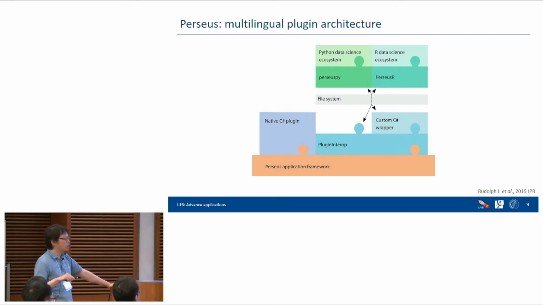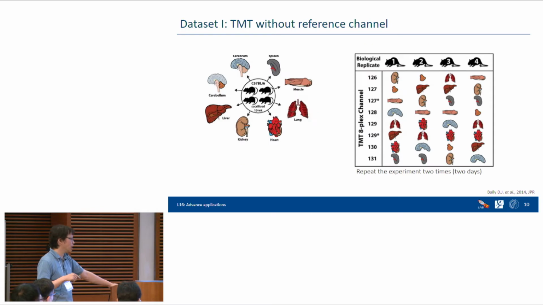Afterward, we can load the protein groups table into Perseus. Perseus also has some new plugins to help with the downstream analysis of TMT labeling proteomics data. For example, we can annotate every labeling dataset at once. It's easy and simple. We can also modify the channels.